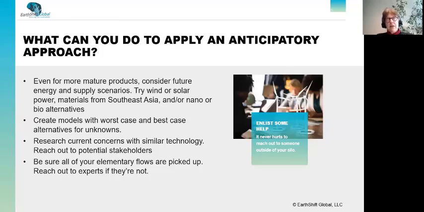That is an interesting tool that uses artificial intelligence to predict the life cycle inventory and impacts for new chemicals.